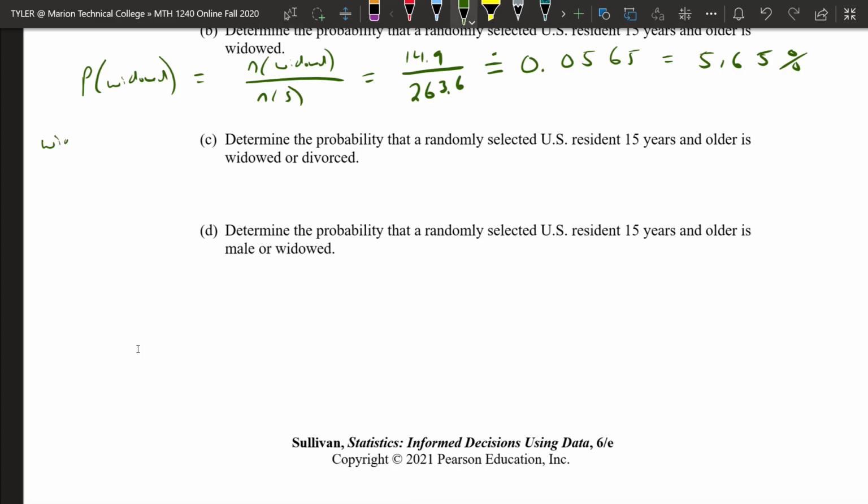So in other words, being widowed intersect divorced would equal the empty set, so these are mutually exclusive.